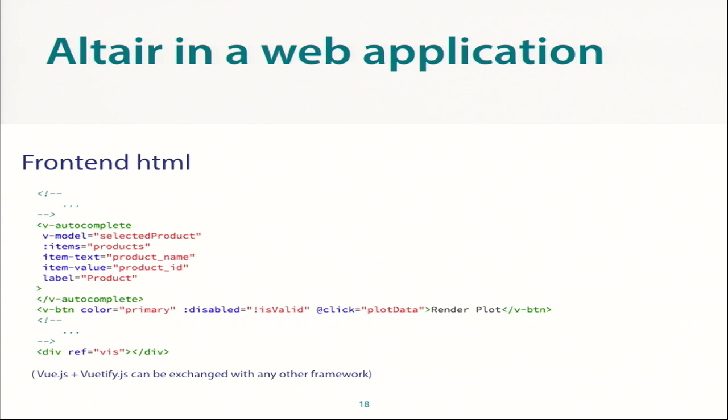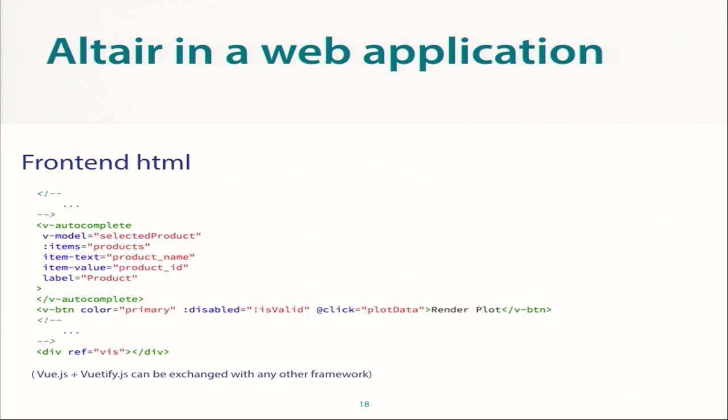But with Vuetify, we get this autocomplete widget for free. So what you have seen is just this v-autocomplete. We put our products data in it, and it just works basically. And we have a simple button and our container where we want to render the plot.